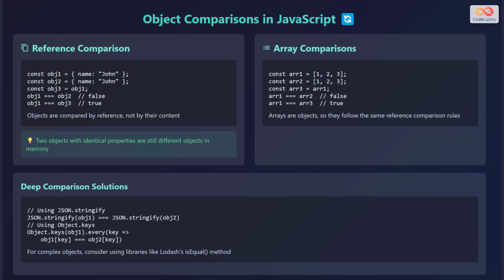For deep comparisons of complex objects, you can use the JSON.stringify method or the Object.keys method. For example, stringifying and comparing two objects can help compare their contents rather than references. For more complex scenarios, consider using libraries like Lodash's isEqual method for reliable deep comparisons.